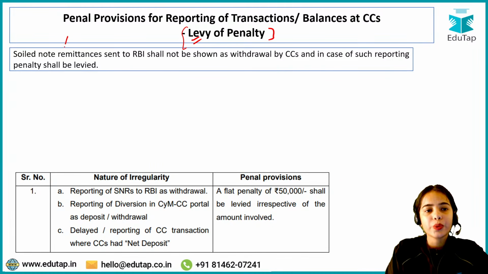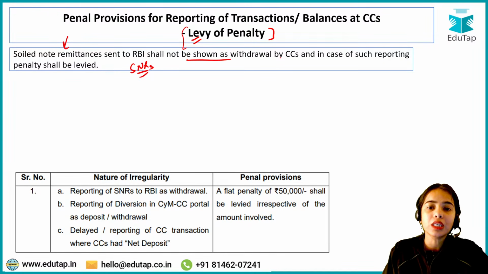Now next is penal provisions for reporting for levy of penalty. Soiled note remittances, if they are sent to RBI, shall not be shown as withdrawal from the currency chest.